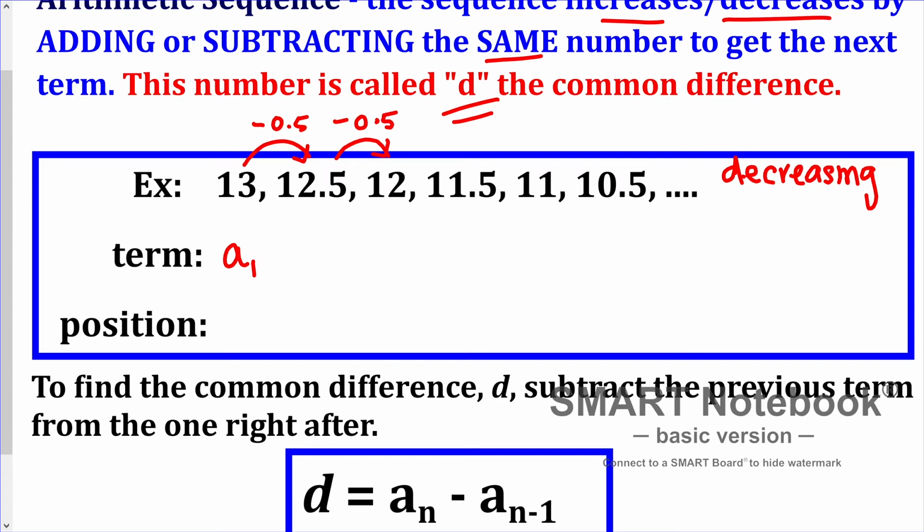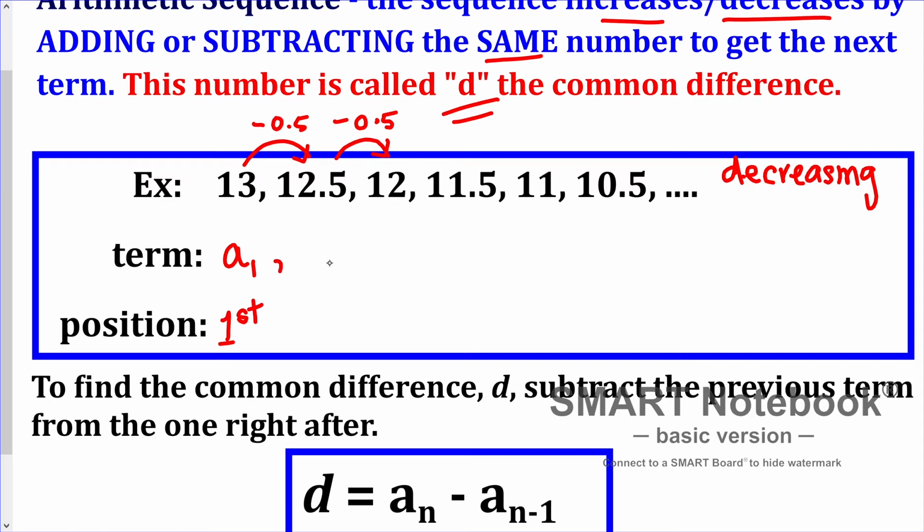It's the A1 term. It's in the A1 spot. And that would be like the first position. All right, so it's the A1 term in the first position in the list for this sequence.